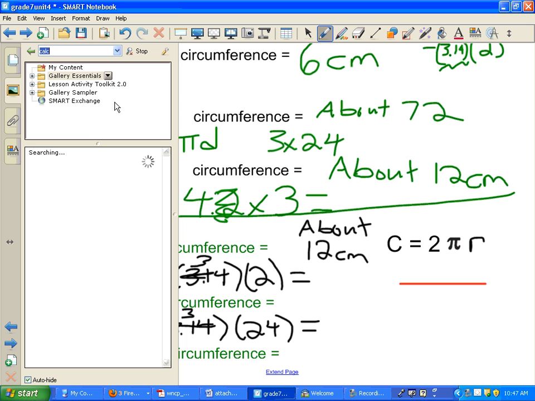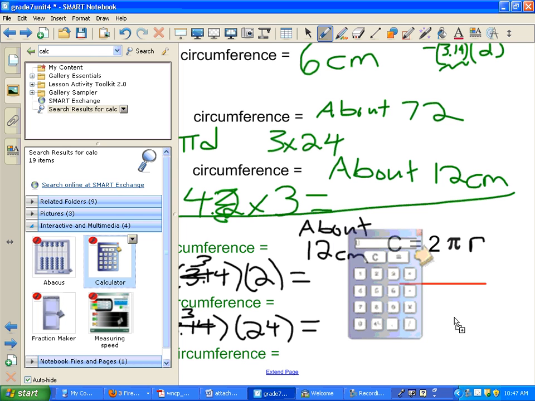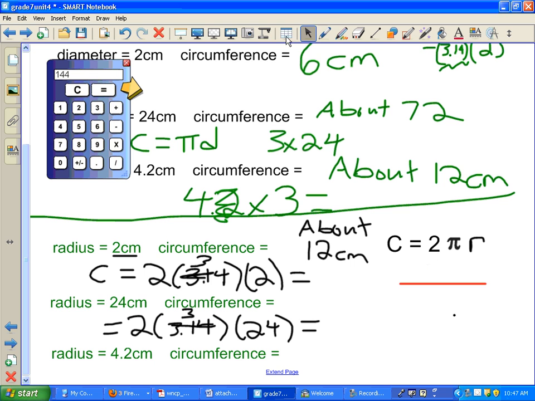So I'll just grab a quick calculator here to help work it out. And we want 6 times 24. So 6 times 24 equals 144. So the answer is about 144 centimeters.